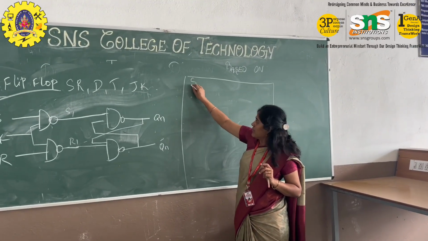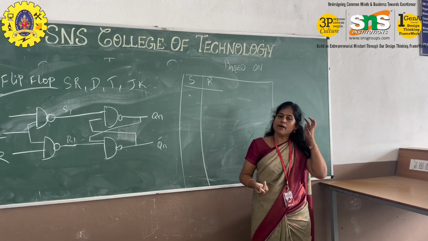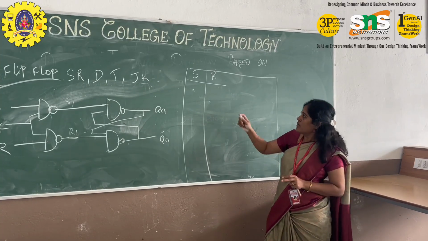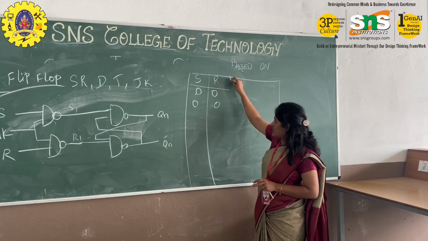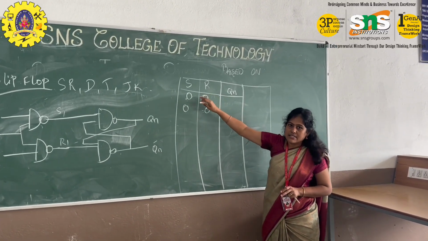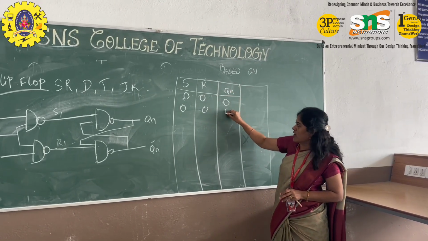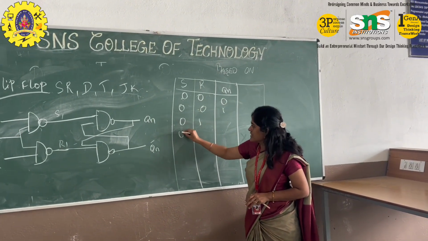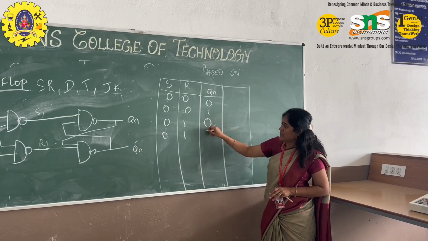On the input side, we have S and R. Two inputs need 4 possible combinations: 0 0, 0 1, 1 0 and 1 1. But here I am going to write each combination 2 times, because we want the output for the same combination when the present state is 0 and when the present state is 1.